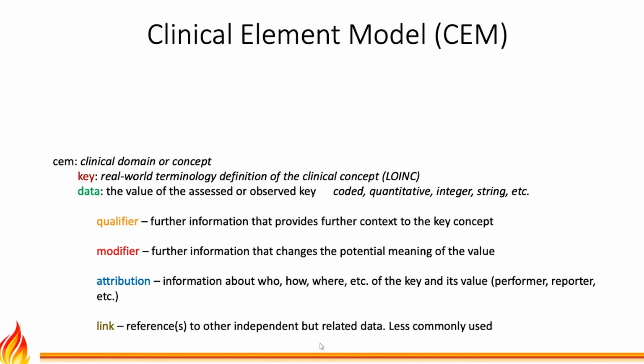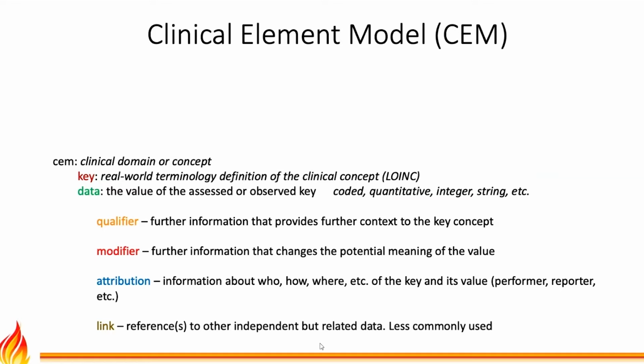One of the things I'm going to touch on, though we're not going into it as a whole other workshop, is the concept of clinical element models. This is where I talk about Graphite a little bit, because my team at Intermountain Healthcare, which has now been moved to Graphite, has been doing work around clinical element models for close to 20 years. It's based on the history of the legacy systems at Intermountain Healthcare, where we've had very controlled vocabulary and very controlled data elements in our systems all along.